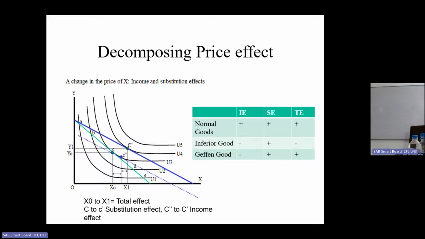Remember the equilibrium point. The MRS we can take as delta Y over delta X. That is the marginal rate of substitution: how the consumers are willing to substitute product X for Y, or Y for X. So that is how you get the substitution.